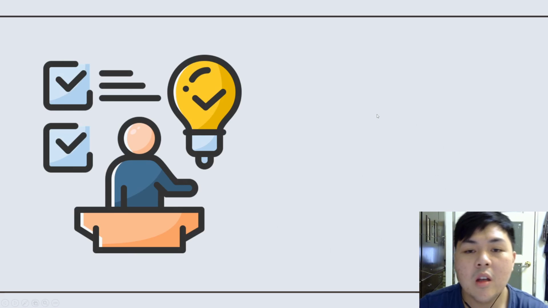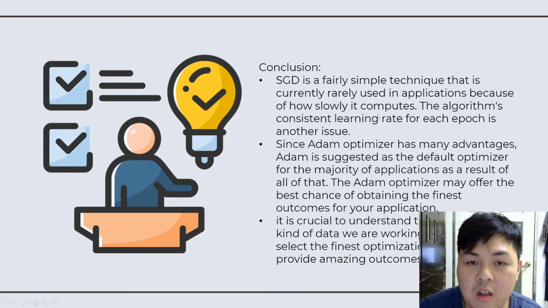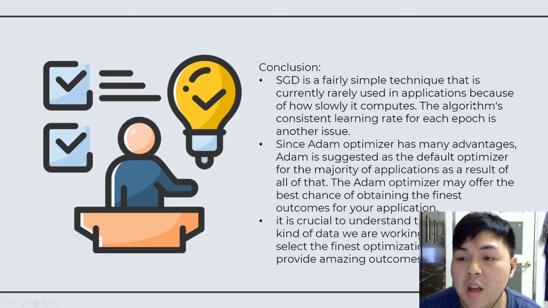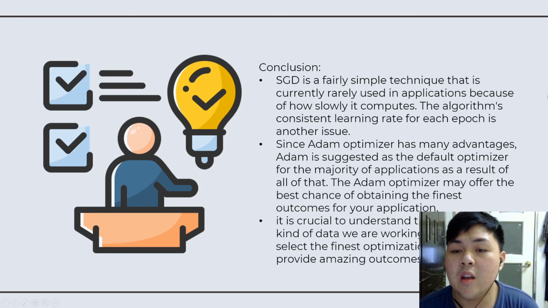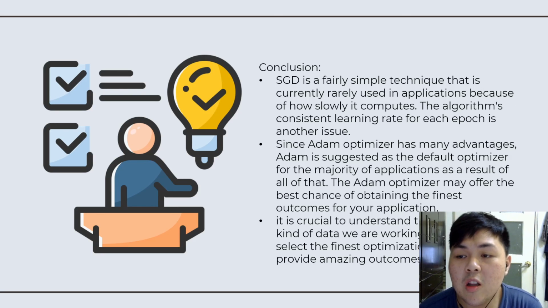So these are some conclusions of my report. SGD is a fairly simple technique that is currently rarely used in applications because of how slowly it computes, and the consistent learning rate for each epoch is another issue. Since the Adam optimizer has many advantages, Adam is suggested as the default optimizer for the majority of applications.